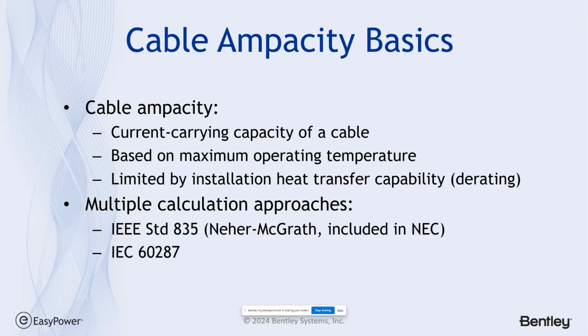IEC 60287 also provides a methodology based substantially on the Neher-McGrath method, with some differences in how heat sources are treated. For complex cable systems with arbitrary geometries, there are finite element calculation methods that you can use to determine the maximum operating temperature of the installation, from which you can then back calculate the ampacity.